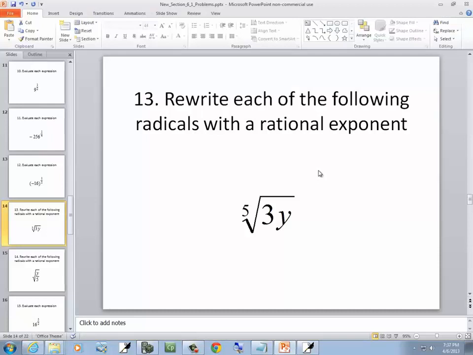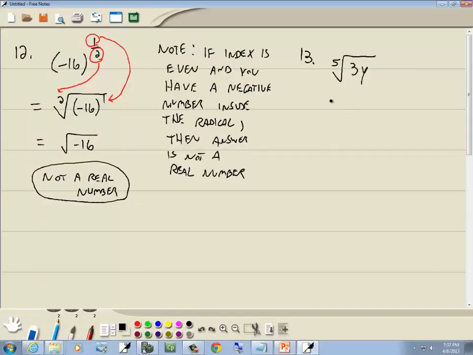And it says rewrite each of the following radicals with rational exponent. Well, if I were to put a power inside, this would become 3y to the first power. So, to go backwards, this would become 3y to the 1/5 power.